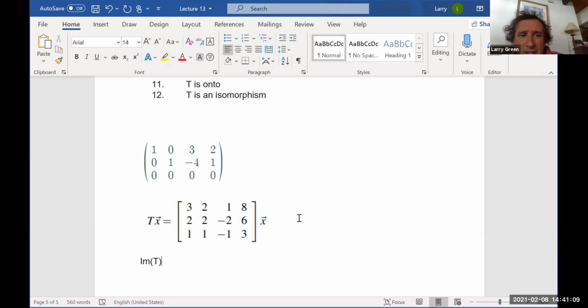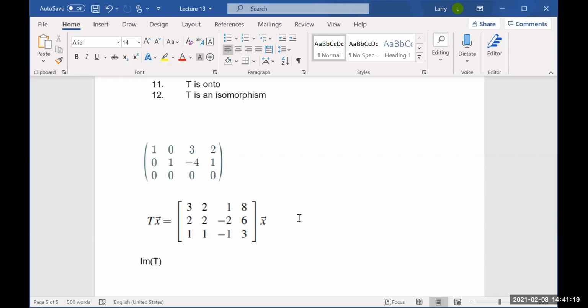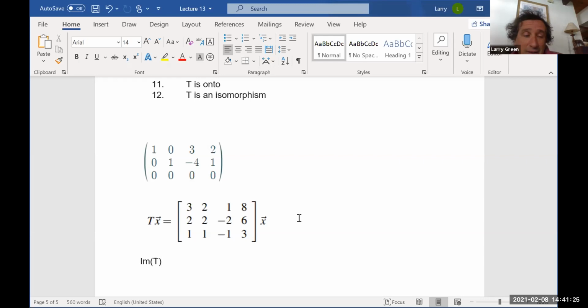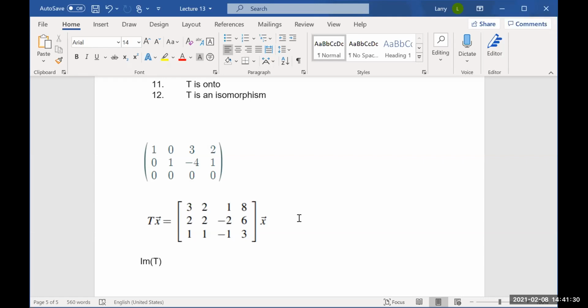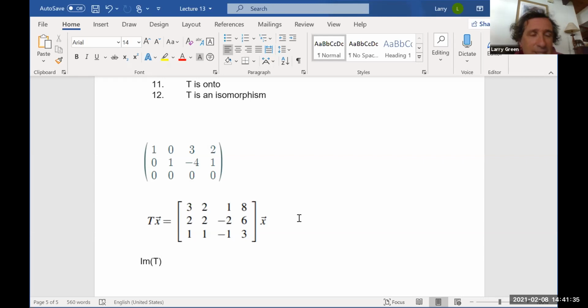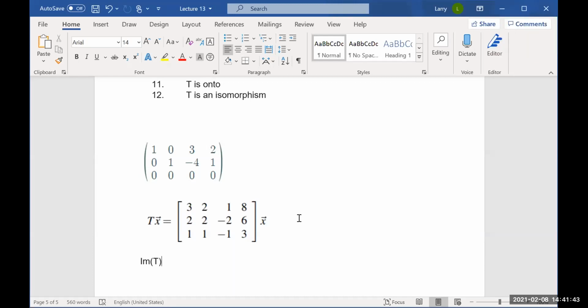So how do we get the image of T? First thing, what dimension is it? Is it R2, R3, or something else, R4, R10? Yeah, it's going to be R3. And what is it? It's the column space.